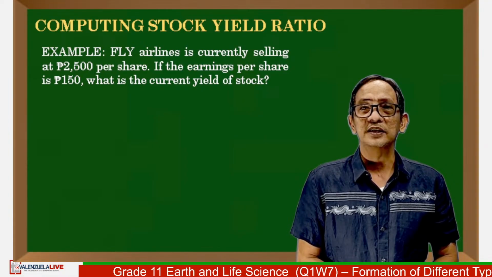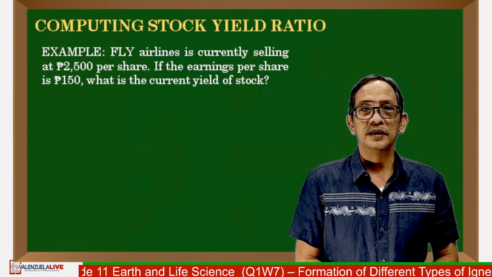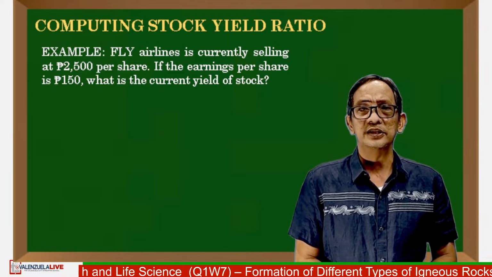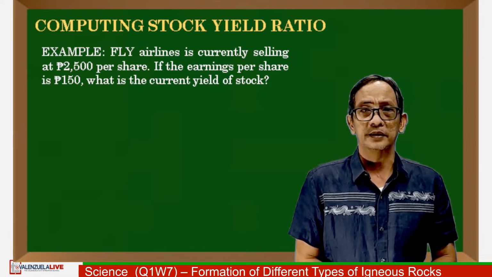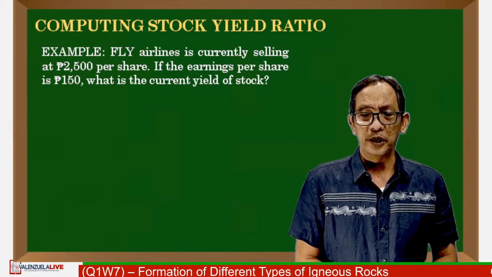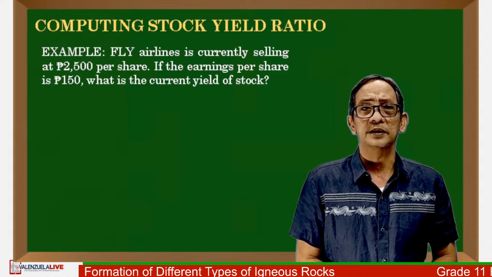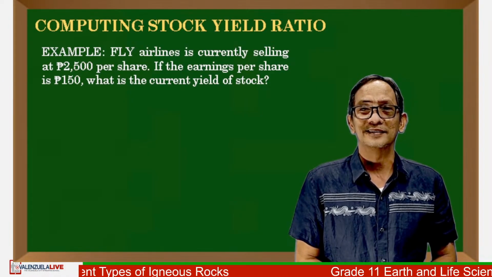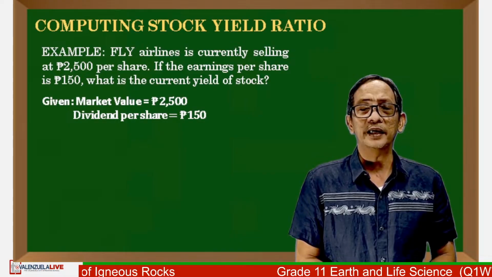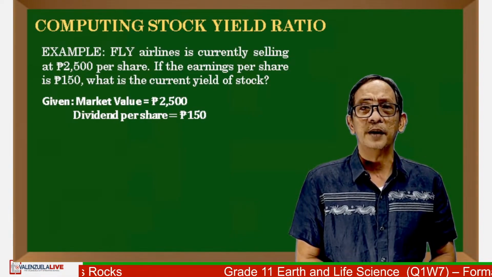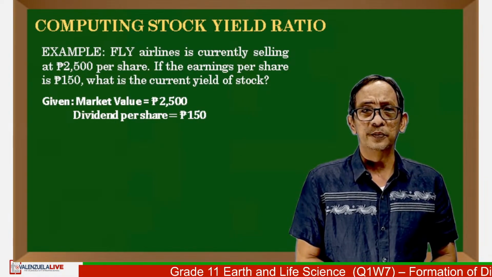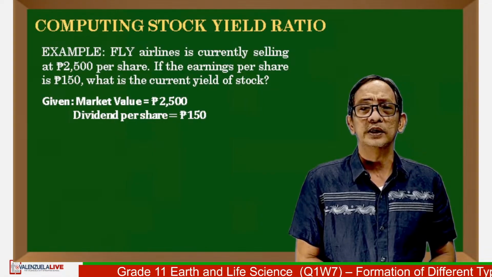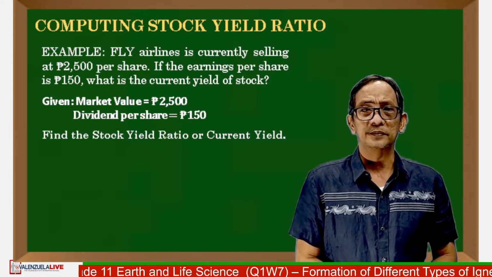Computing stock yield ratio. Fly Airlines is currently selling at 2,500 pesos per share. If the earnings per share is 150 pesos, what is the current yield of stock? Given, market value is equal to 2,500 pesos. Dividend per share is equivalent to 150 pesos.